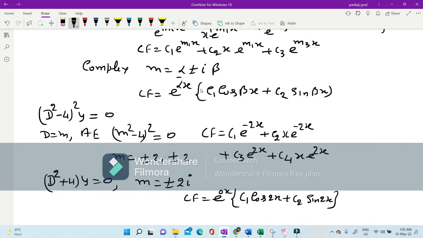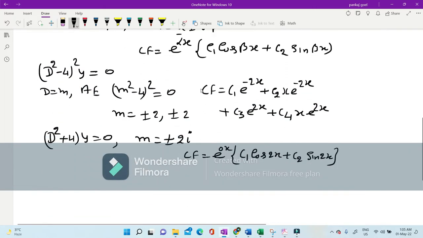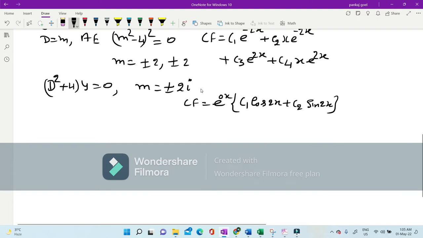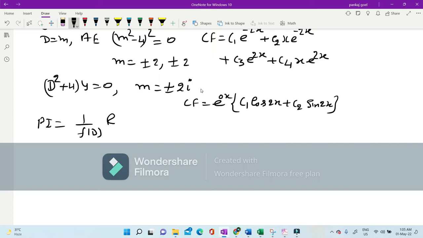Now we come to the particular integral. For PI it will be written as 1/f(D) times r. On the basis of r, there are different methods to find the particular integral.